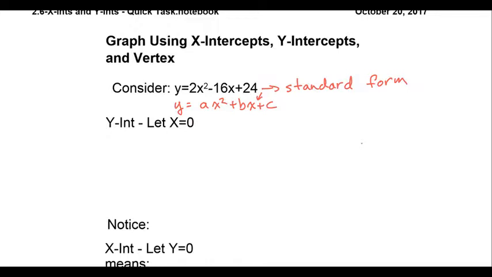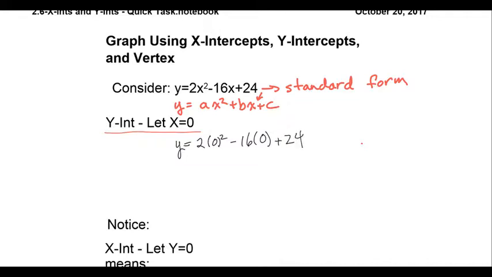Now, the easiest type of calculation that we're going to do today is the calculation of the y-intercept. In essence, we let x equal 0 in our equation to get y equals 2(0) squared minus 16 times 0 plus 24.